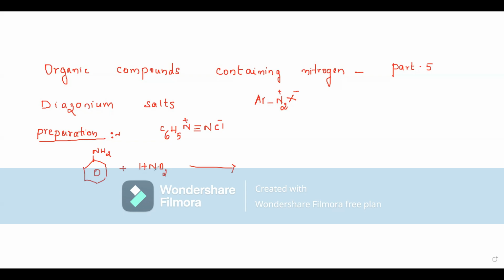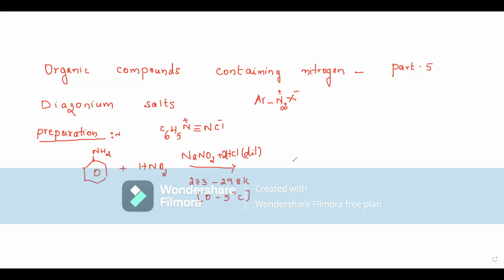So you need to prepare HNO2 by mixing NaNO2 and dilute hydrochloric acid. Therefore, HNO2 comes from NaNO2 and HCl at very low temperature, 273 to 298 Kelvin or 0 to 5 degrees Celsius.